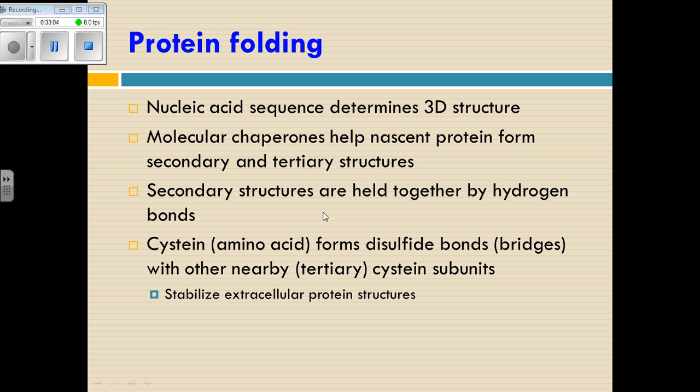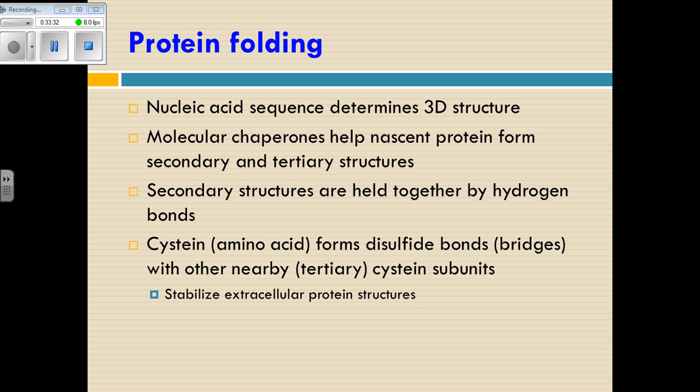Okay, the secondary structures are held together by hydrogen bonding. And there's actually one special amino acid, cysteine, that's really important for stabilizing protein structures, especially ones outside the cell. So cysteine actually has an SH group, so it has sulfur on there. And what happens is if you have 2 cysteine molecules that are sort of near each other in the tertiary structure, it doesn't really happen in the secondary structure.